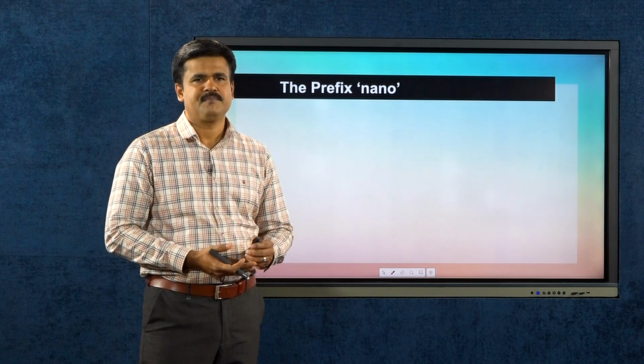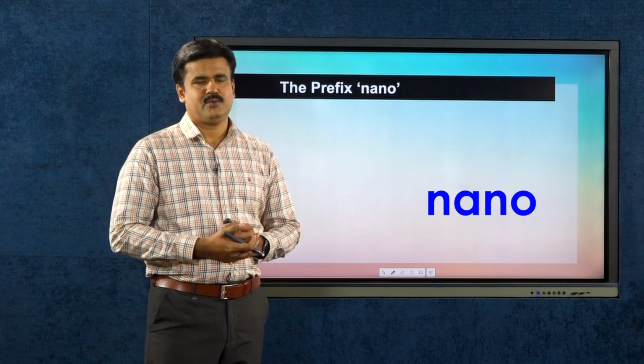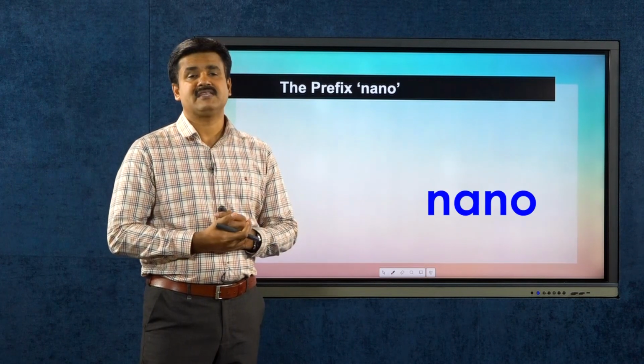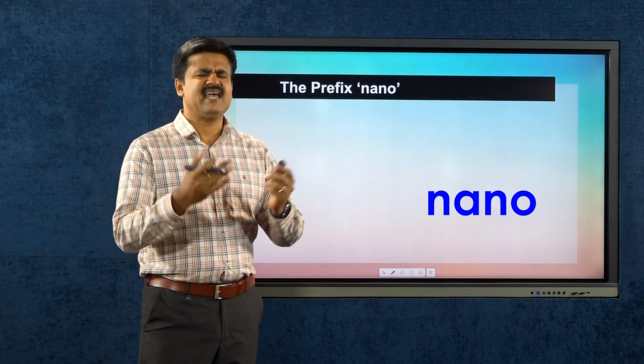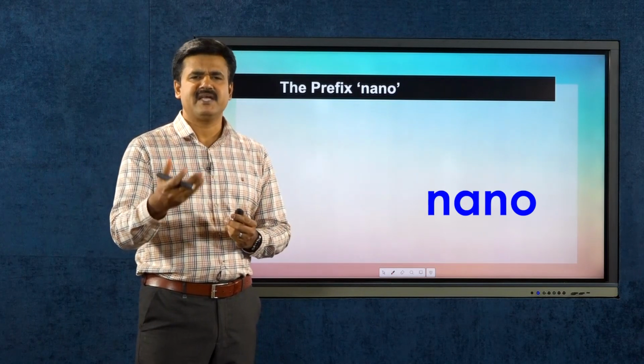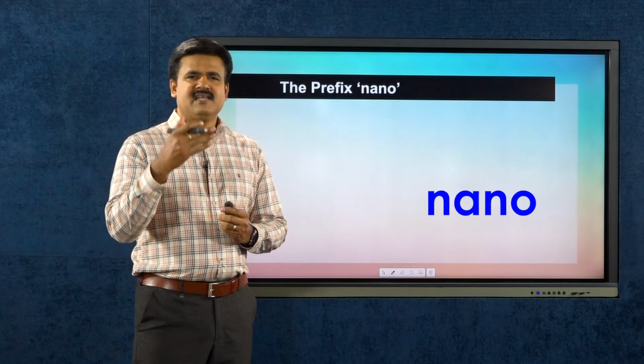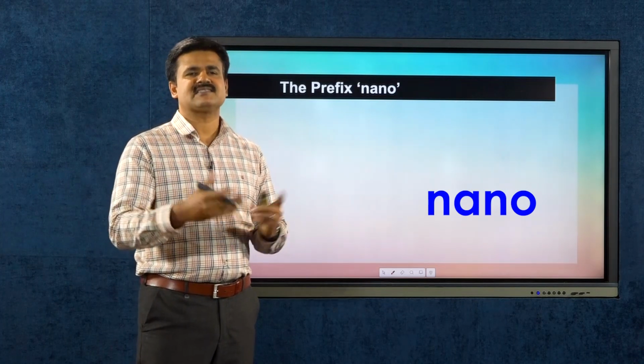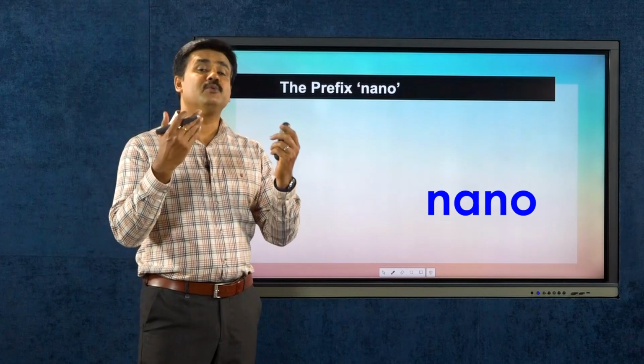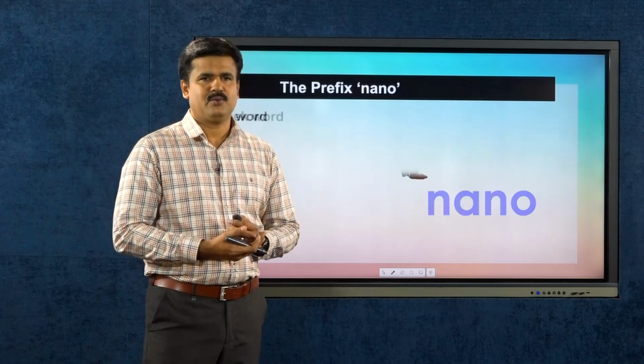First of all, the prefix nano. You are all familiar with several prefixes like deci, centi, milli, micro, nano, pico, etc. In a similar way there is a prefix that is nano. What do you mean by the term nano?